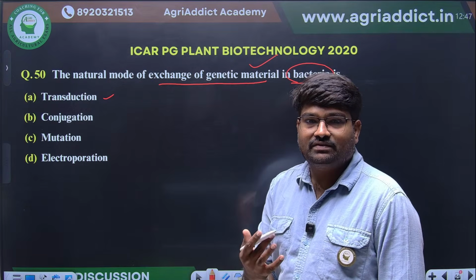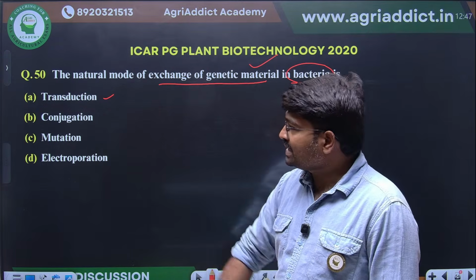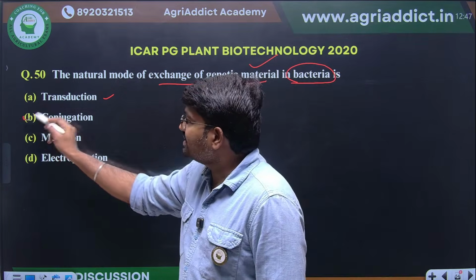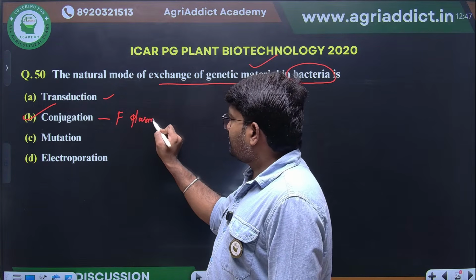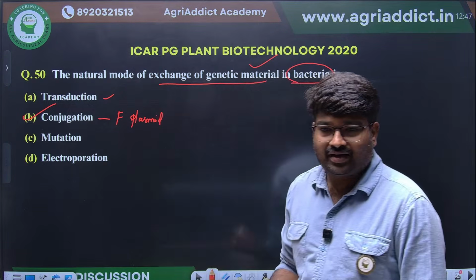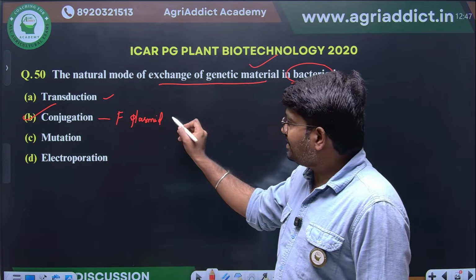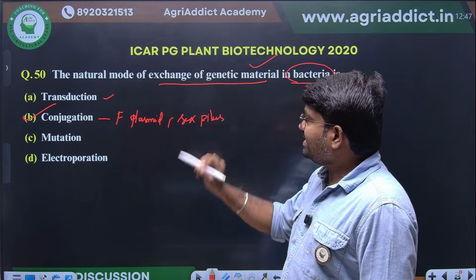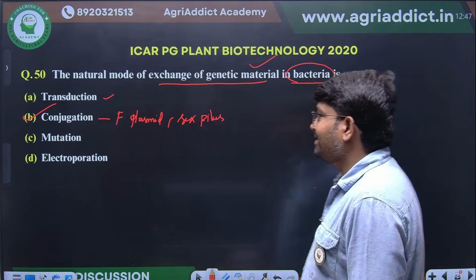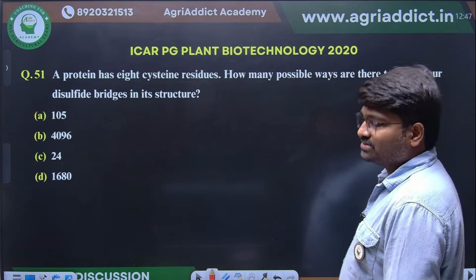Transfection means we will use some forces. Conjugation, yes. Here F plasmid will be there, and a sex pilus will be there. Through the sex pilus, the genetic material will be transferred. So the right option is conjugation.